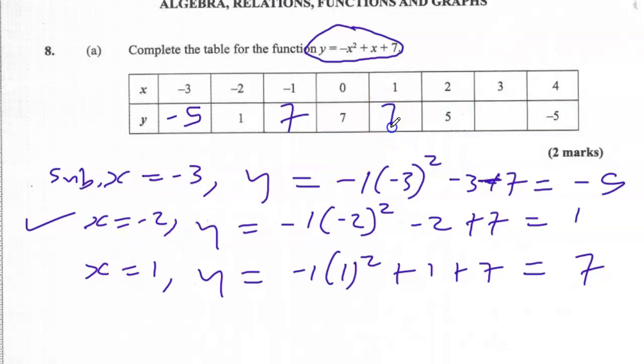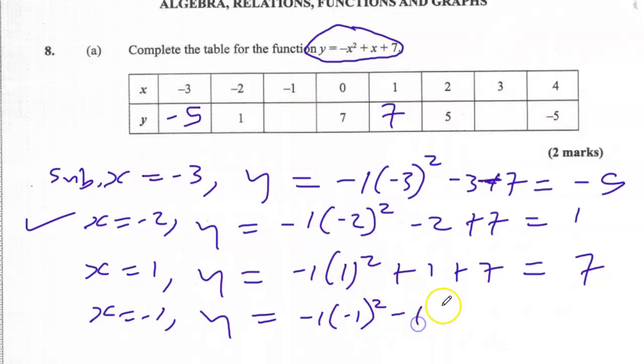When x is minus 1, we have minus 1 times minus 1 squared plus negative 1 plus 7. So minus 1, and this is 6, so that's 5.